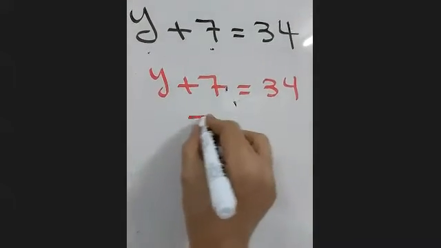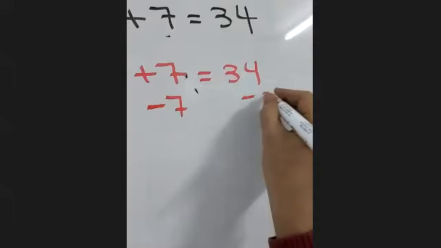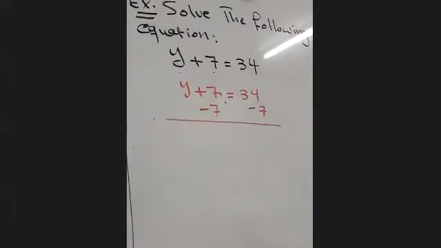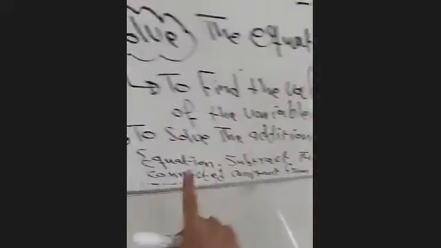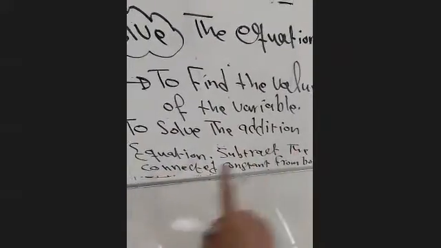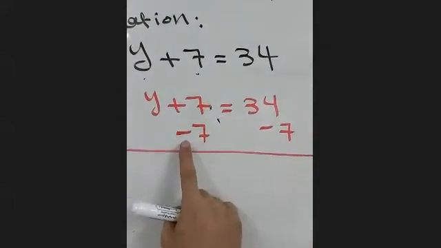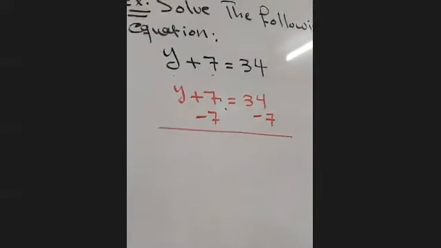Look here, minus 7, and here also minus 7. And put a line like this. To solve the addition equation, subtract the connected constant from both sides. Where is the connected constant here? 7. Subtract 7 from both sides and put a line like this.